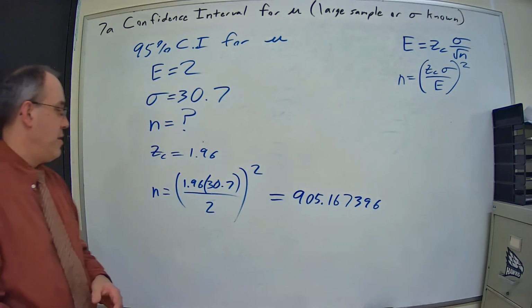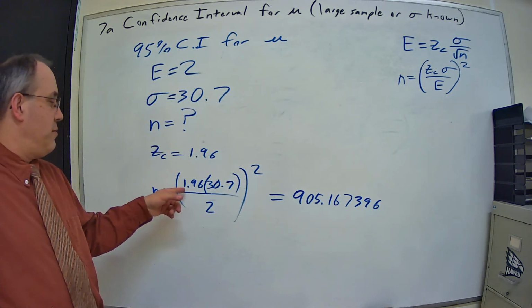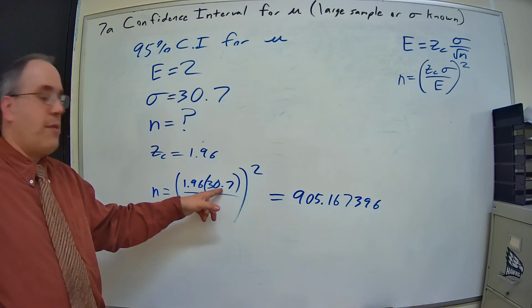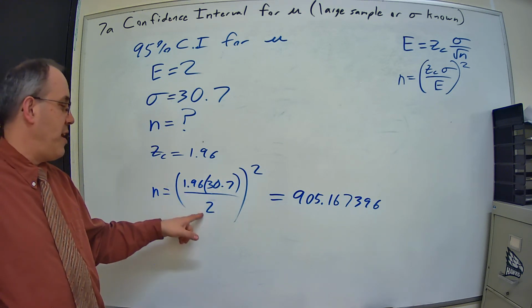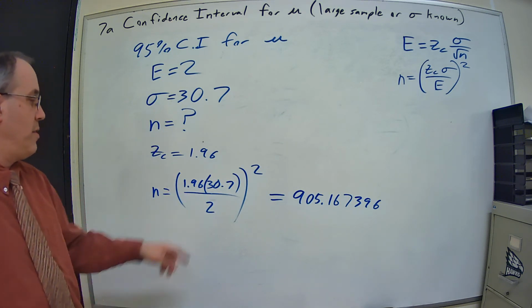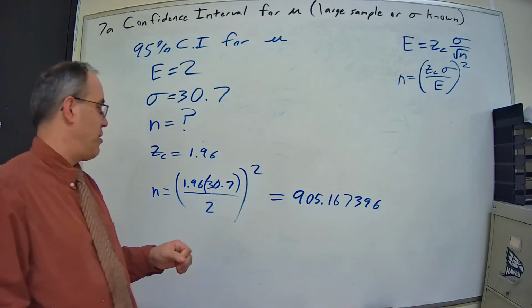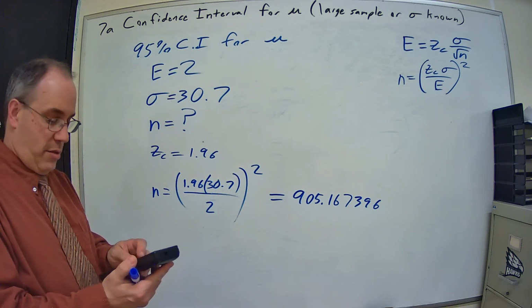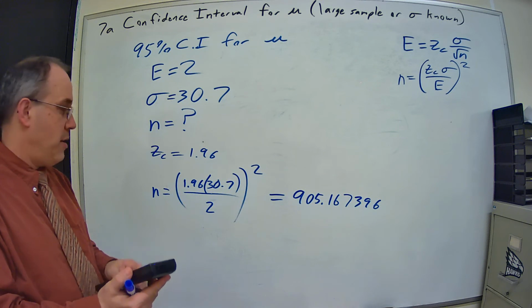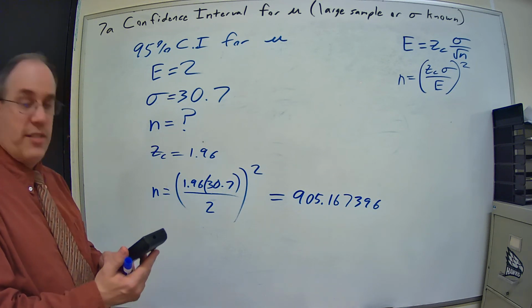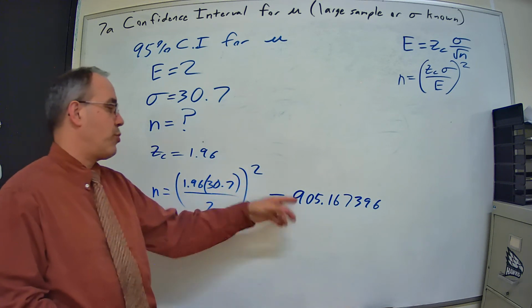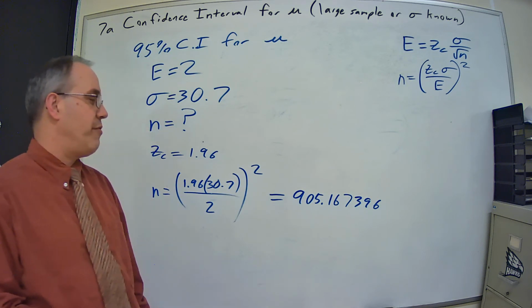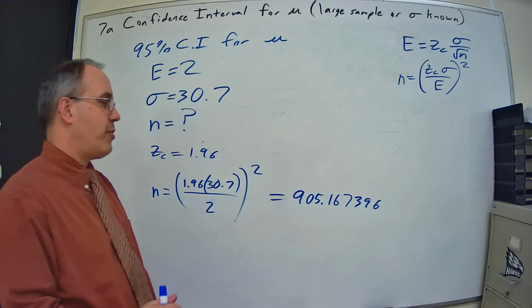Okay, so we multiplied 1.96 times 30.7, we divided that result by 2, which gave us just under 30.7. In fact, it gave us 30.086, and then we squared it and we got 905.167396.